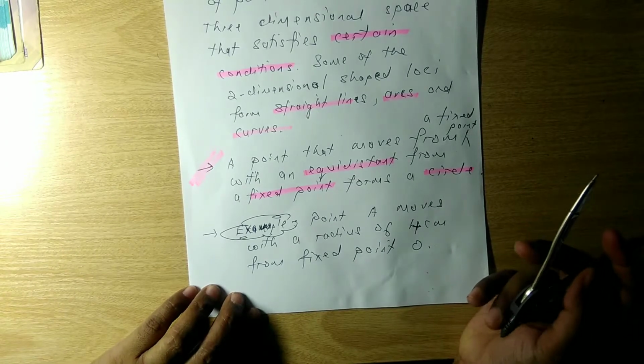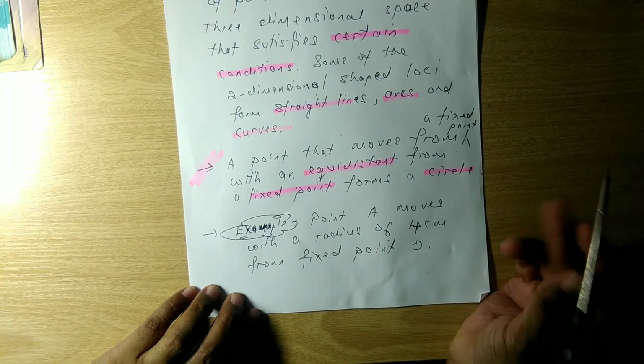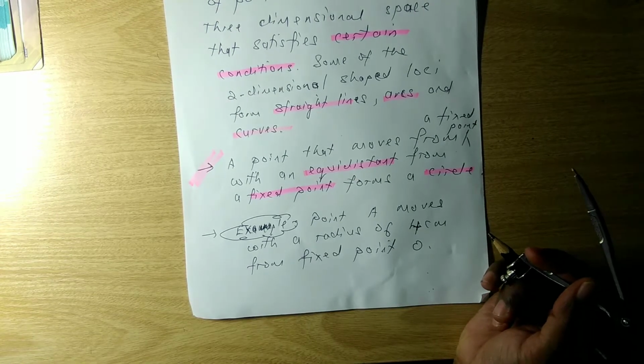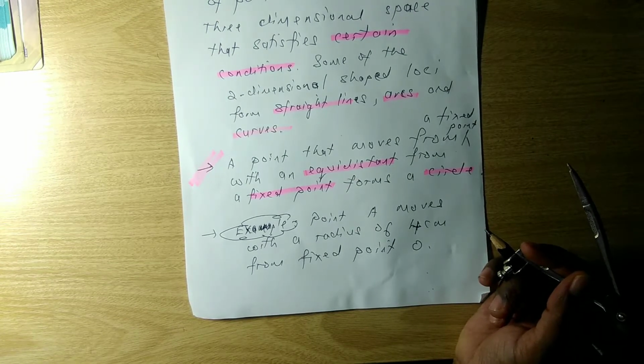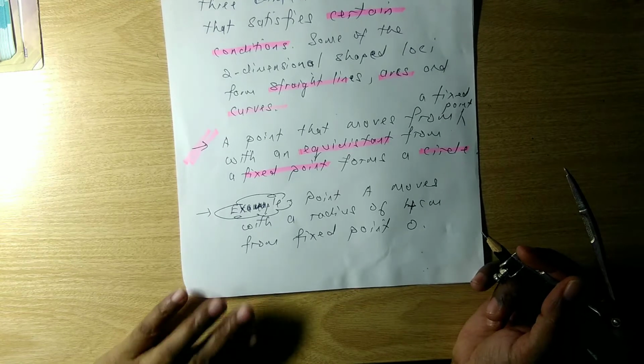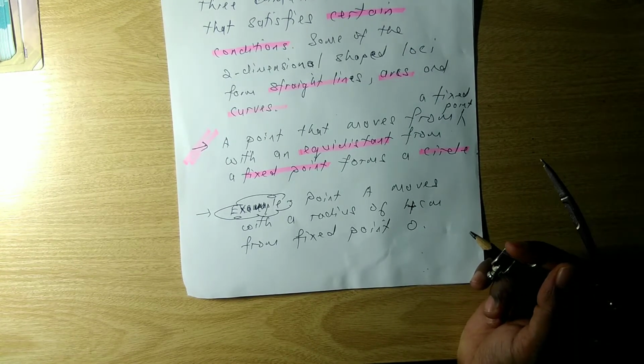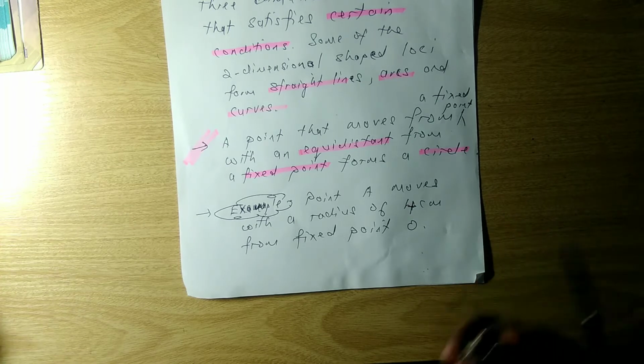So here what it's trying to tell us is that when a point moves from a fixed point, one point is moving, one point is fixed, and the distance between the moving point and the fixed point, let's say, is 2 cm. So the locus of the moving point forms a circle.